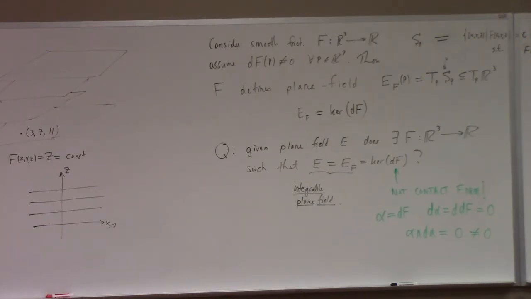And then the question of whether or not a given field is integrable is a difficult and technical question. But there's an elegant and beautiful answer given to us by something called Frobenius' theorem. And Frobenius' theorem, while very difficult to prove, is pretty simple to state and not that hard to remember.